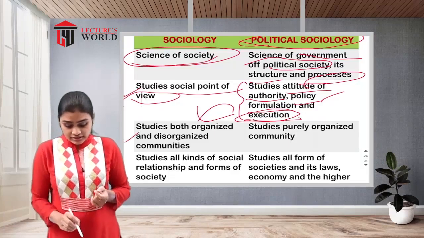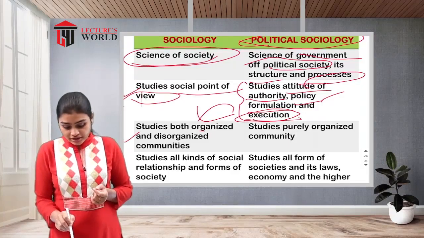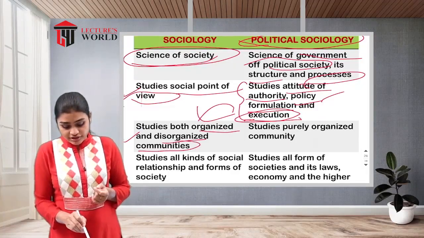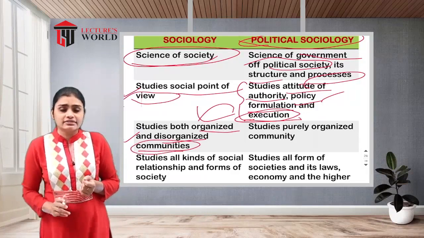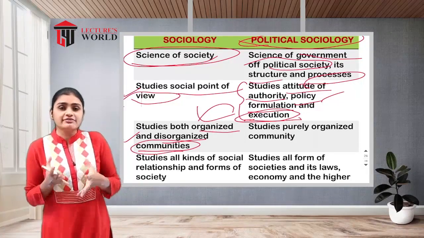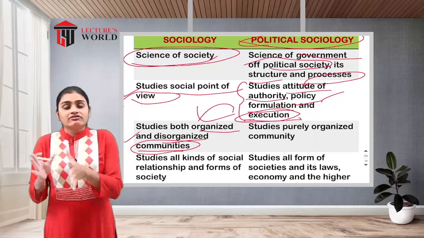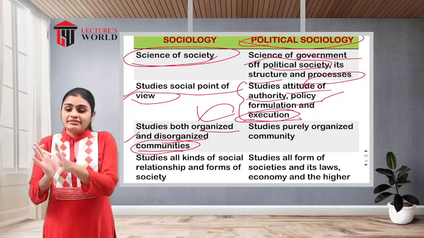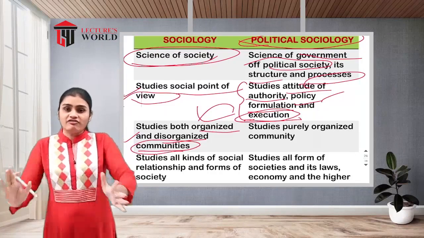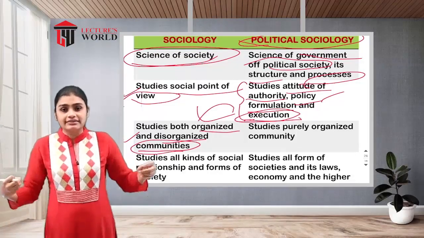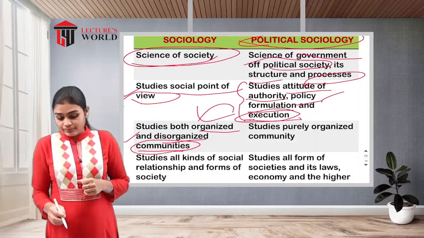The next is: studies both organized and disorganized communities. Organized communities are well organized or properly structured, whereas disorganized means there is no specific organization of the community, and things are scattered.